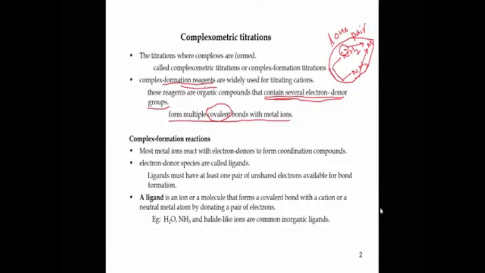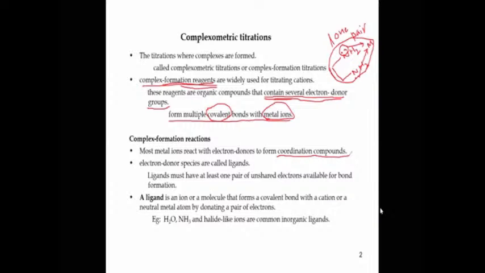Your reagent, the complex formation reagent, reacts with the metal ion, right? What you get are the complexes, or they are also called coordination compounds.